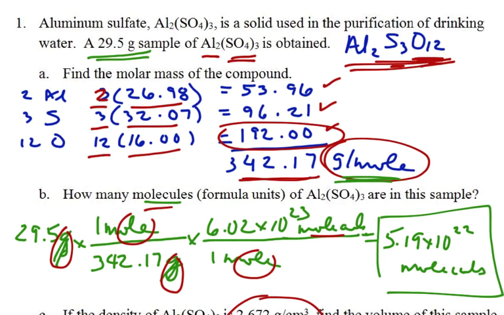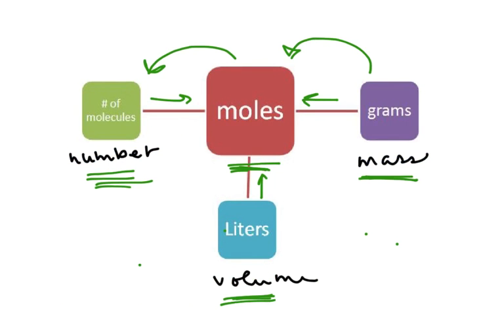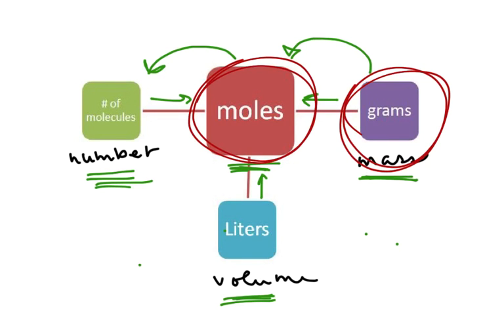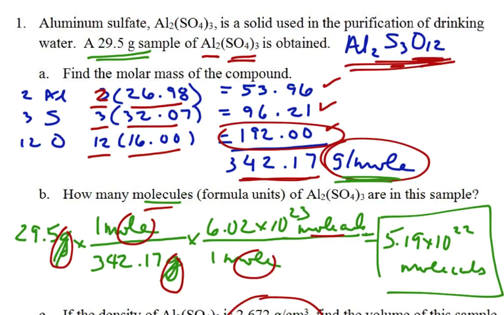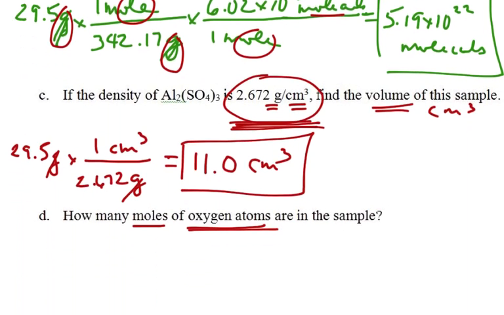I could change grams to moles. That would be okay. I could go from grams to moles, and that's just going to be one step. But from that moles of molecules, I should be able to go to moles of oxygen, because I have the formula, and I know that in my formula for every one of these I get 12 atoms. So there's a 1 to 12 relationship that I'm going to use.